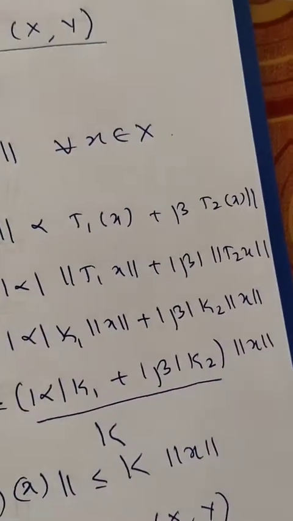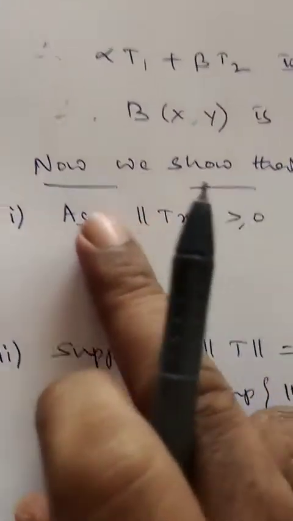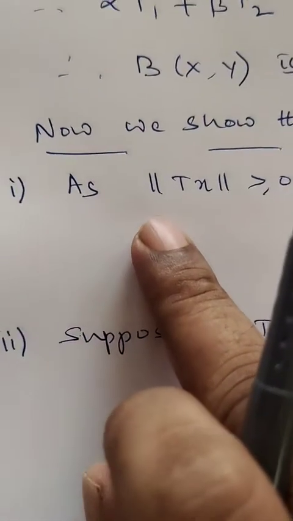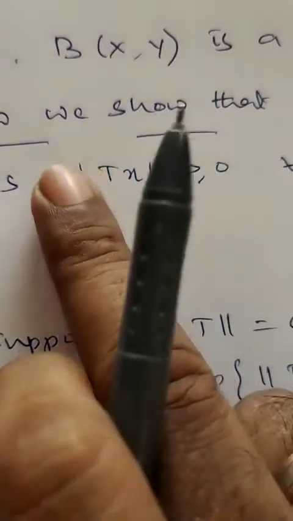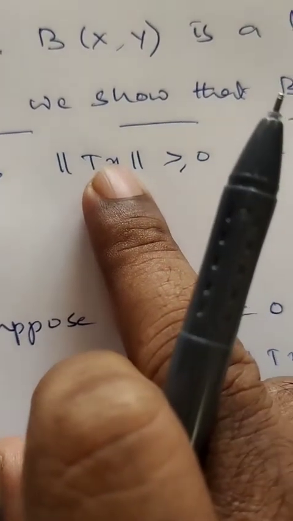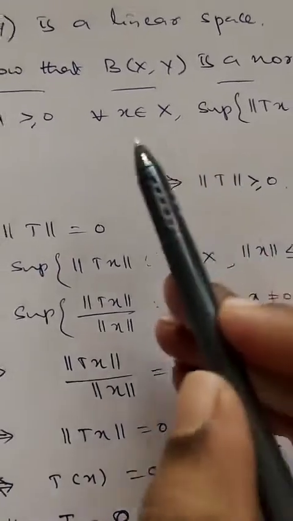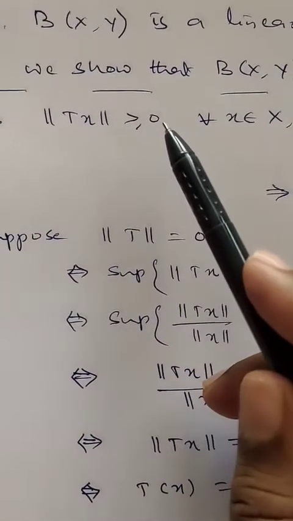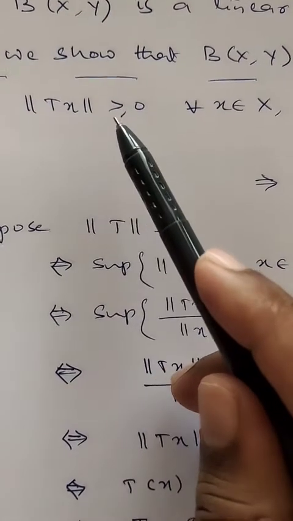The first condition is that norm of T must be greater than or equal to 0. As norm of T of x is always non-negative because T of x is a vector in Y, norm of T of x is definitely greater than or equal to 0 for every x belonging to X. Supremum of non-negative terms is also non-negative.